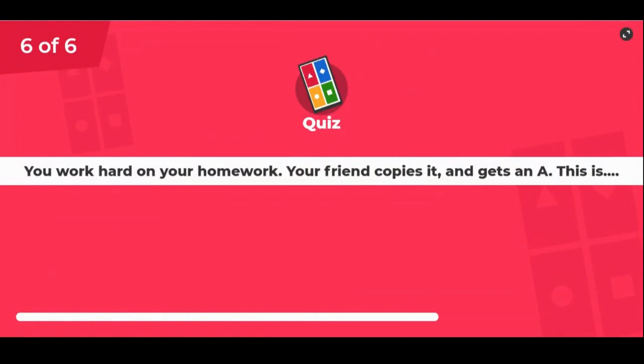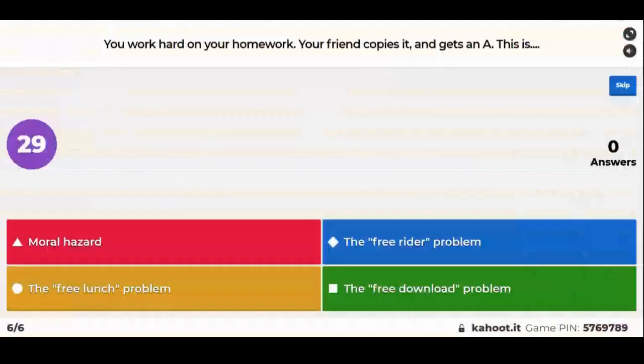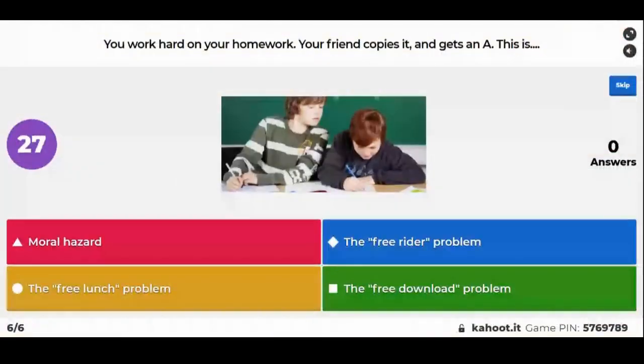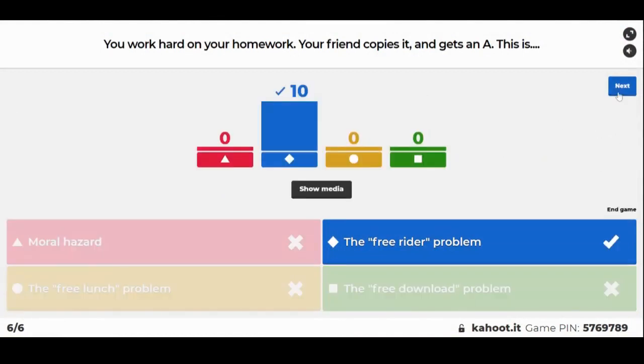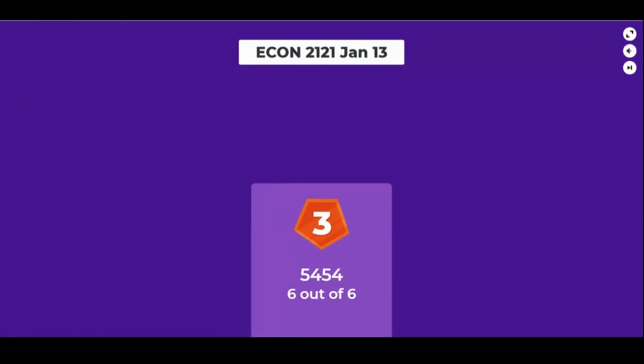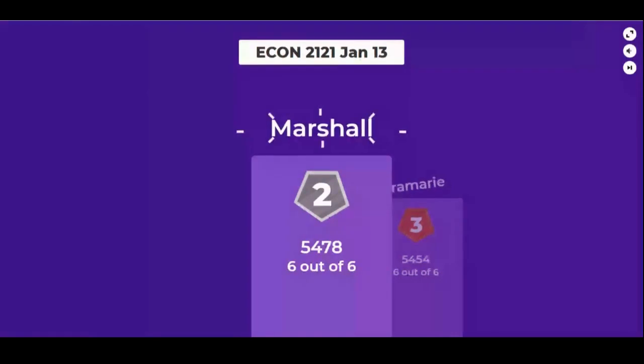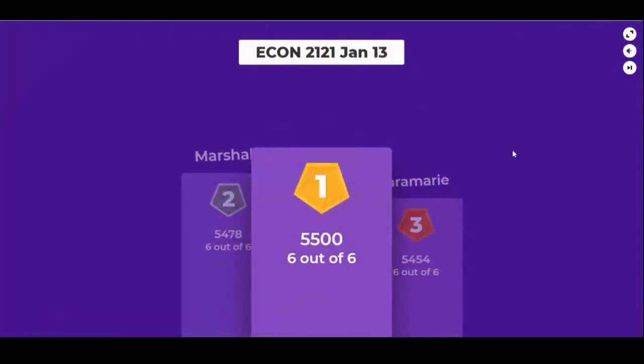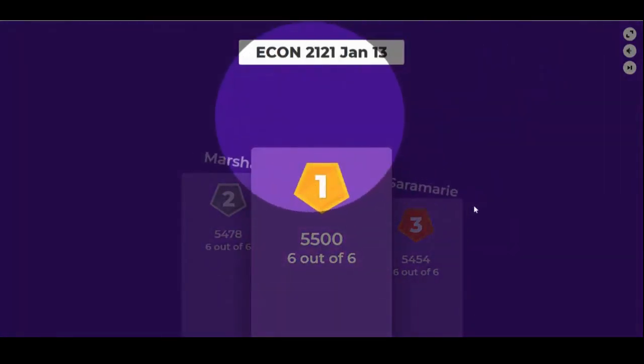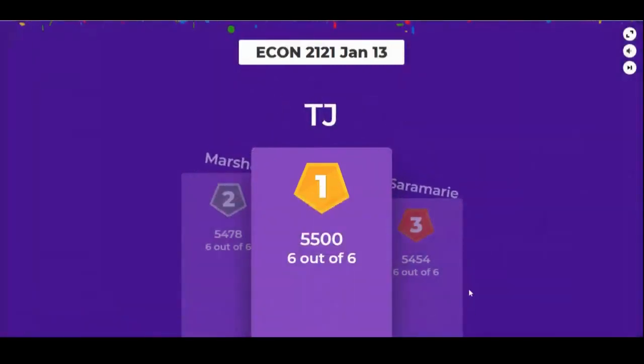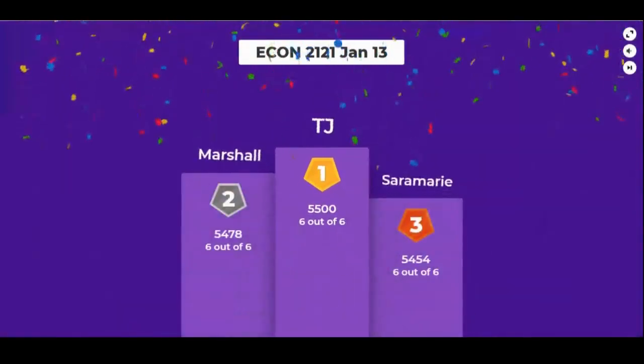And last question, you work hard on your homework, your friend copies it and gets an A. This is moral hazard, the free rider problem, the free lunch problem, or the free download problem. Very good. So let's see, how did we do? Third place, we have Sarah Marie. Second place, Marshall. And first place is TJ. All right.